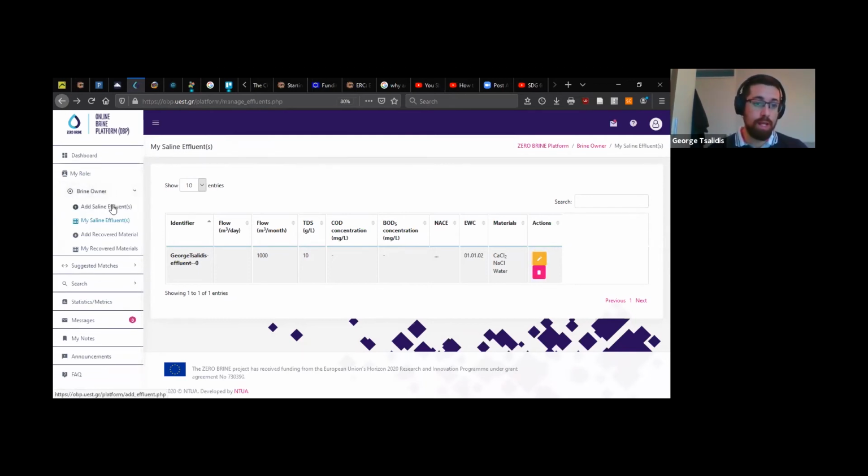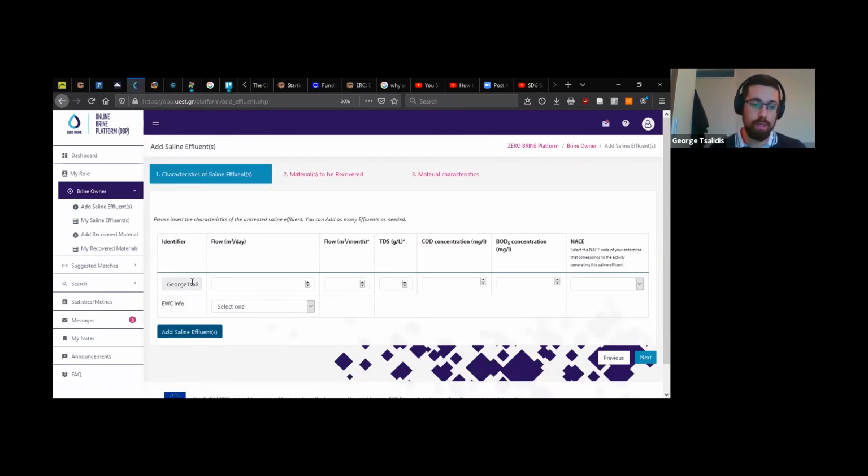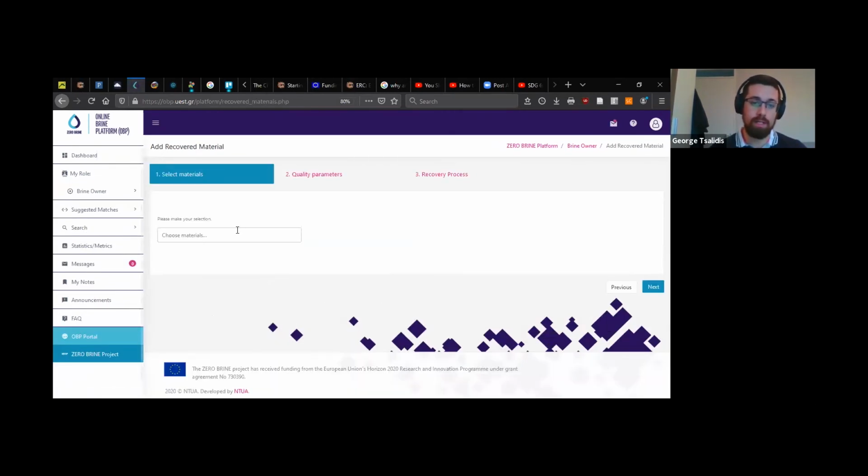Furthermore, if I want to add more effluents, I can go to add effluents, and then it should be number 1, and this is a different brine source. So earlier we saw that the platform is also going to ask us if materials are already being recovered. And in this case, I can go to add recovered materials.